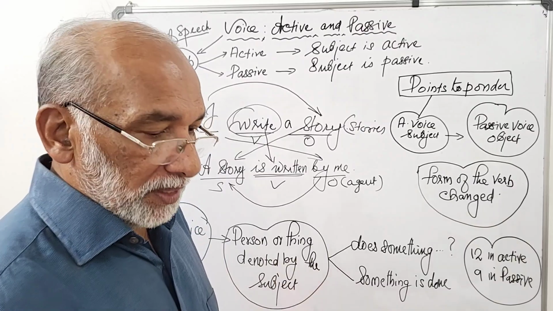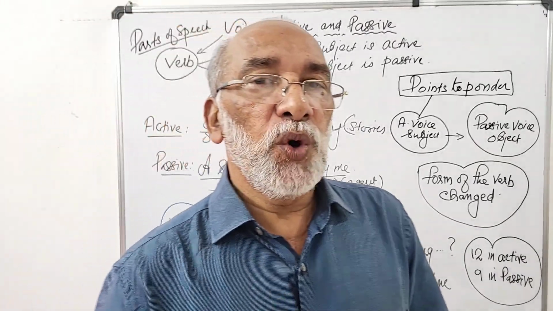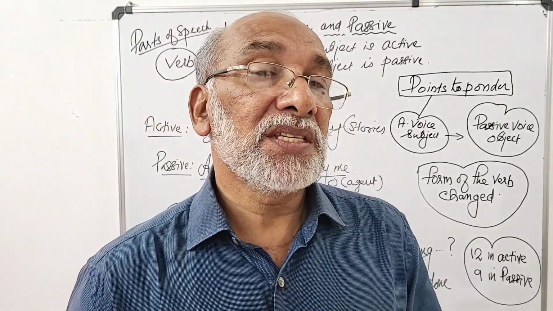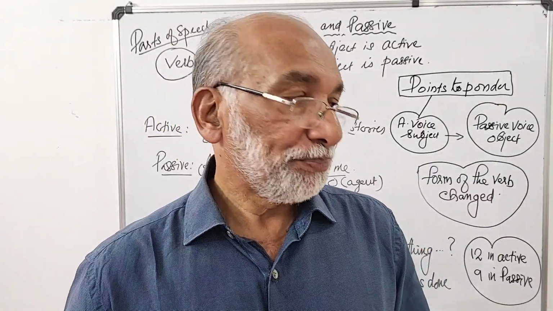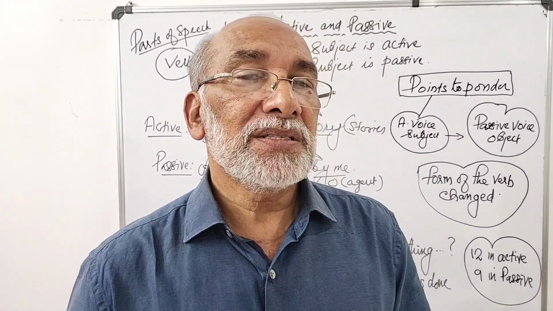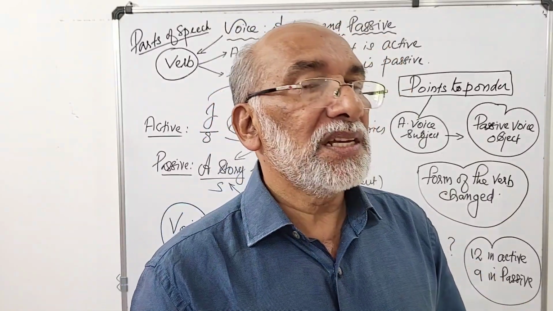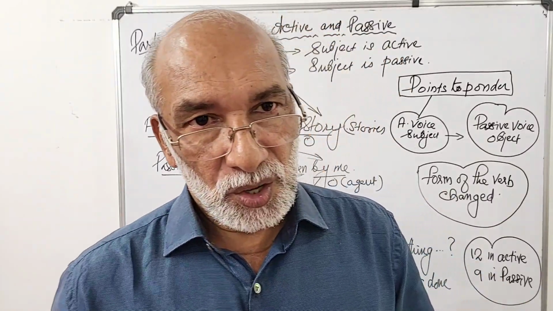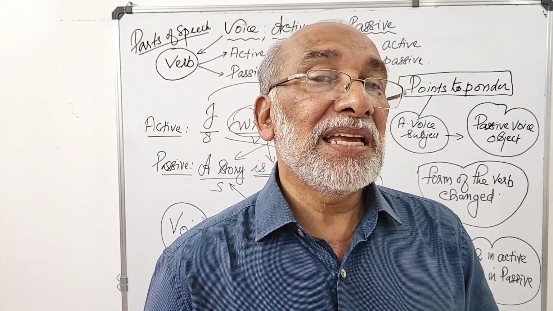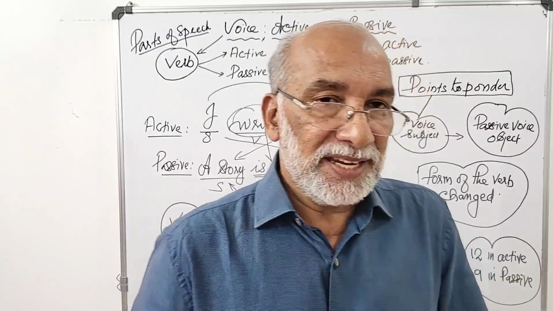Let me wind up. Coming to the definition of what is a voice in that case. What is a voice? Voice means a verb is in the active voice when we say that the person or thing denoted by the subject does something, or a verb is in the passive voice when we say that the person or thing denoted by the subject receives an action.